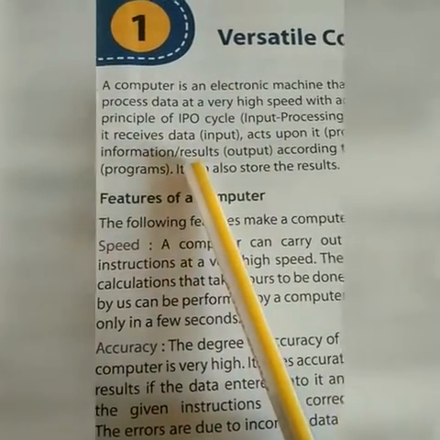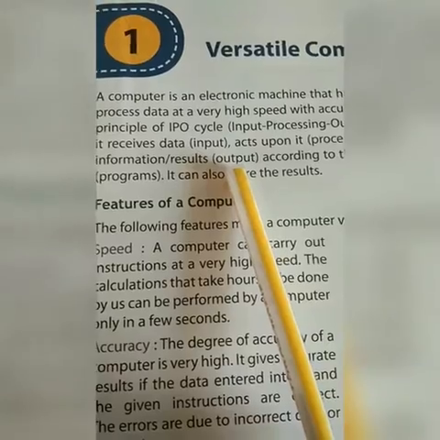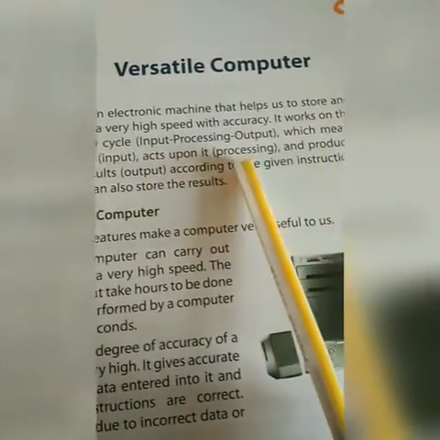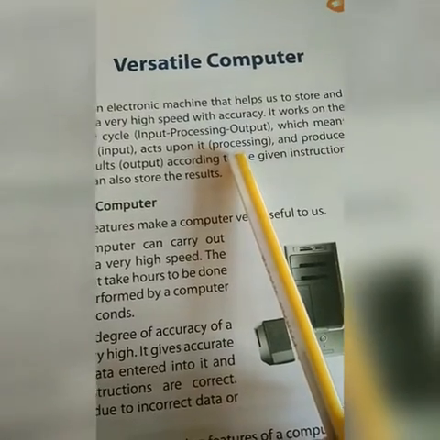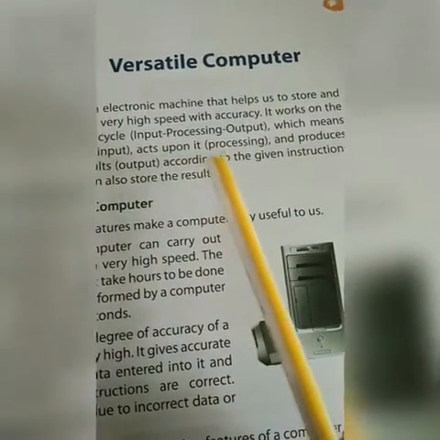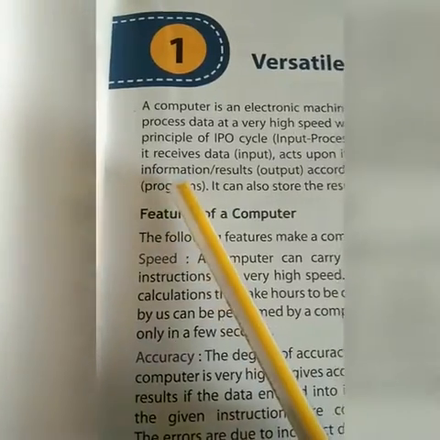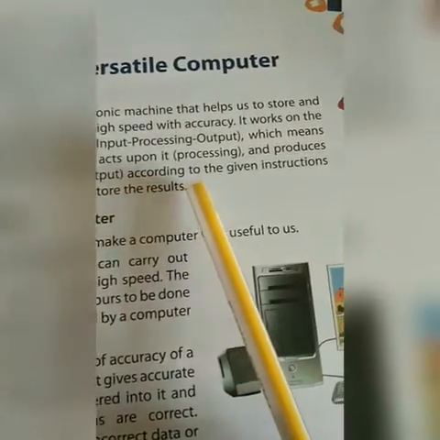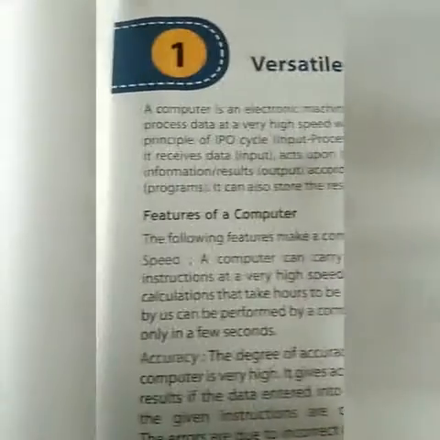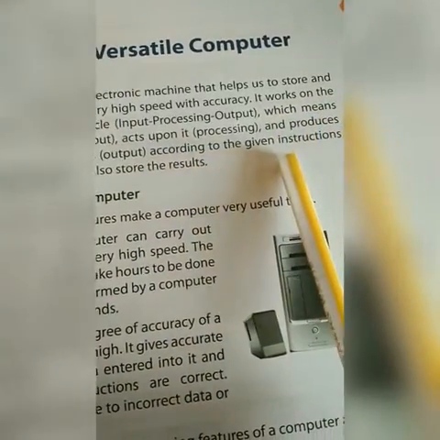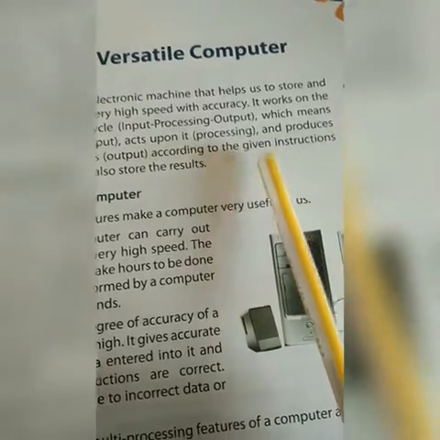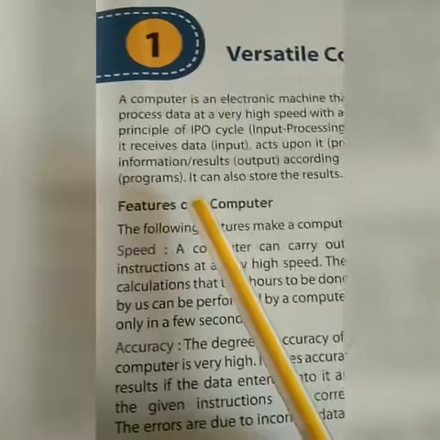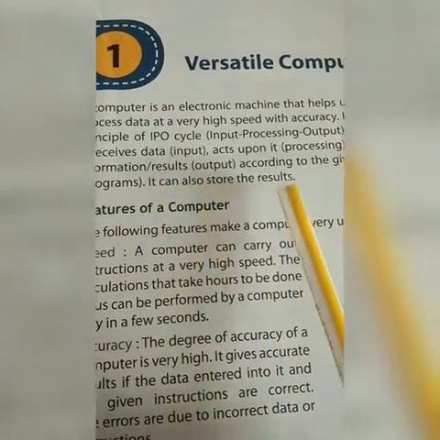Information or the result is known as output. Received data is input, and processing means the process goes on. You get the result in the form of output according to the given instructions. If you give correct instructions, you get the correct result. According to the given instructions, it can also store the results.